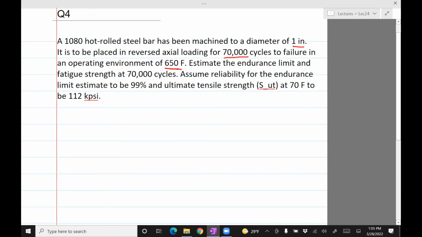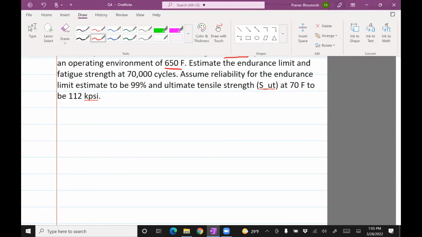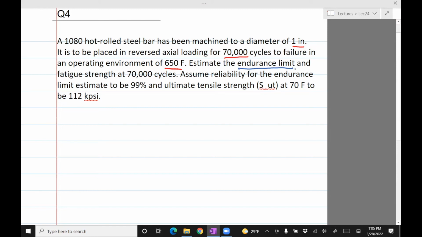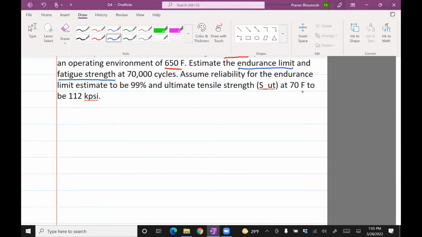Estimate the endurance limit and fatigue strength at 70,000 cycles. Assume the reliability for the endurance limit estimate to be 99% and ultimate tensile strength SUT at 70 F to be 112 kPSI.